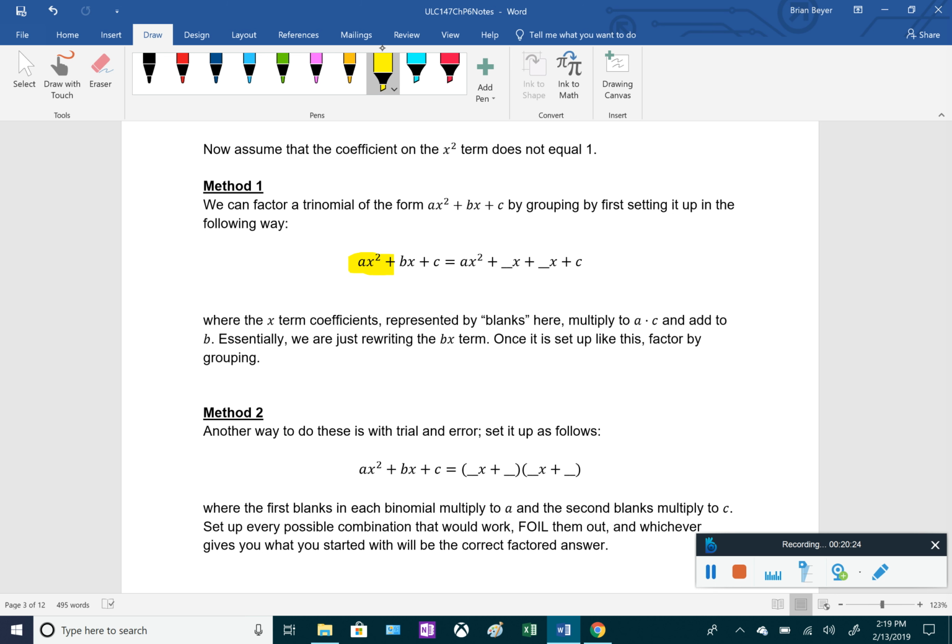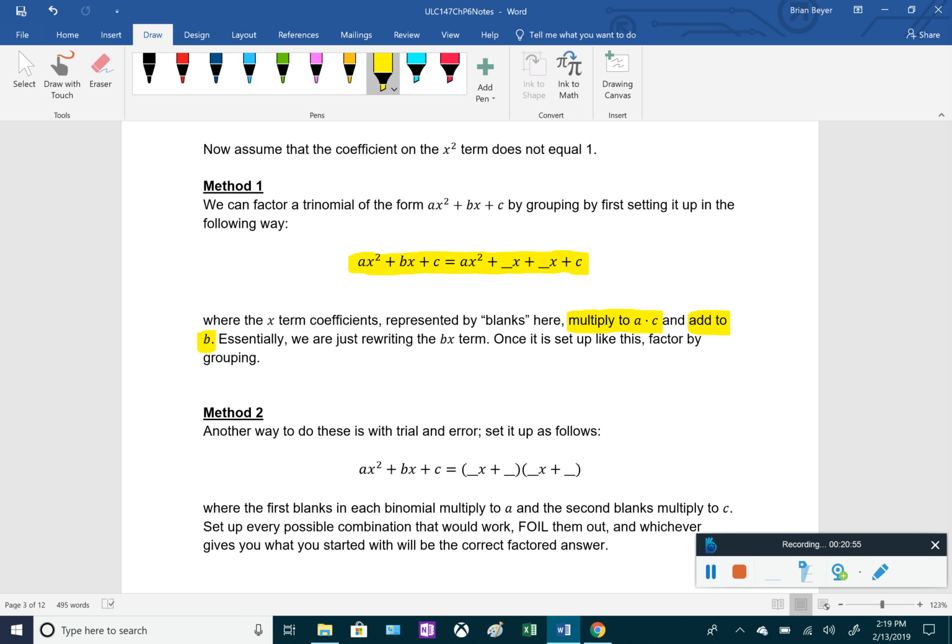Instead of writing it like this, we're going to write it as ax squared plus something x plus something else x plus c. So we're splitting up that bx. Those two blank x terms have to multiply to whatever a times c equals, and they have to add to whatever the b coefficient is.